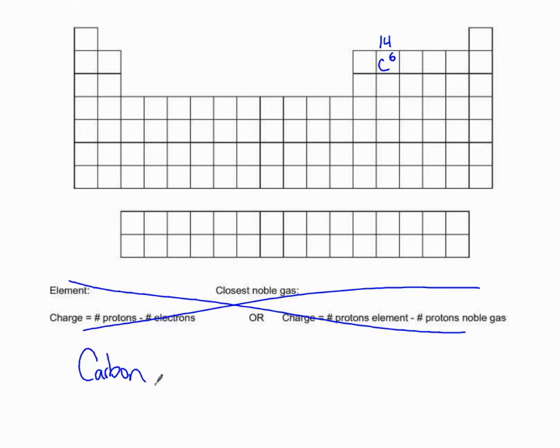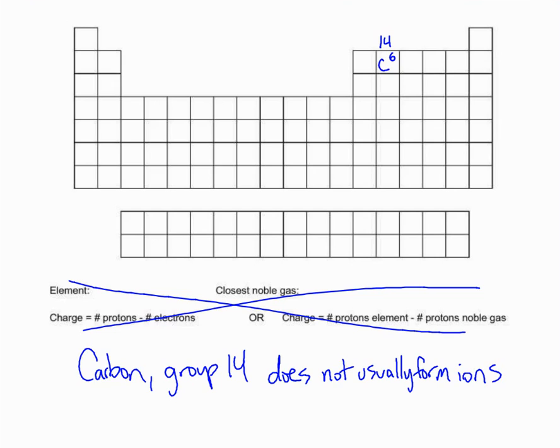Carbon and in general group 14 does not usually form ions. So whenever we're talking about ions and charges, we're not usually going to talk about carbon. Usually carbon is making covalent bonds, and so that's a completely different issue than today.